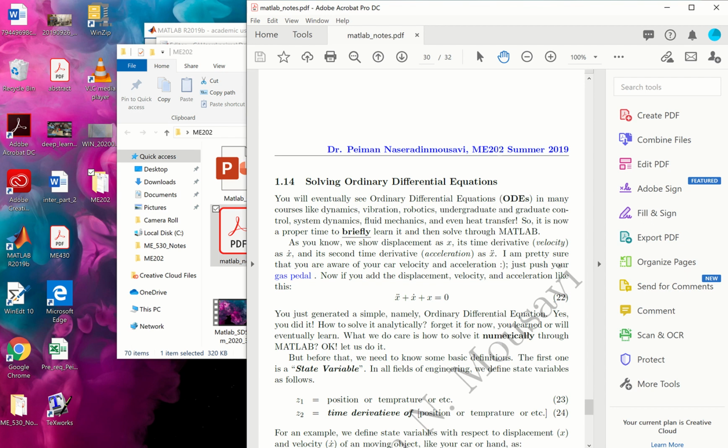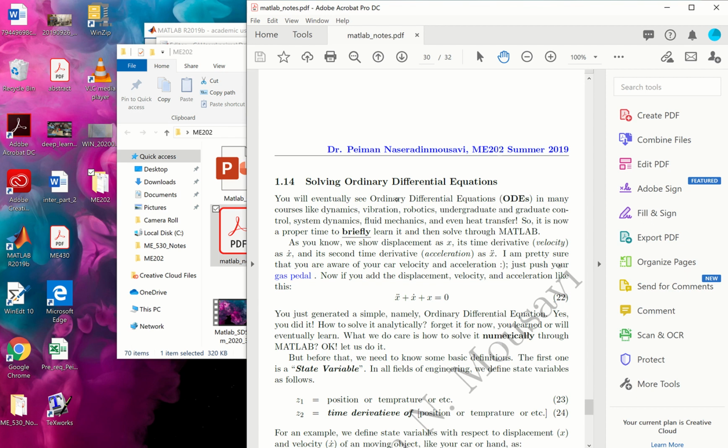As you know, we show displacement as x, its time derivative velocity as x dot in mathematics, and its second time derivative acceleration as x double dot. I'm pretty sure that you are aware of your car velocity and acceleration every day. Just push your gas pedal.